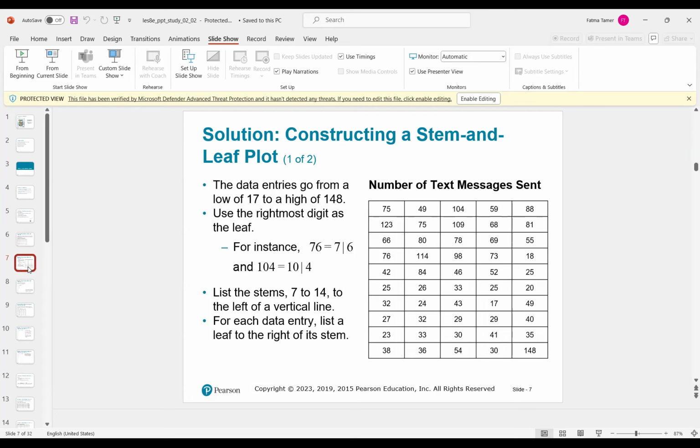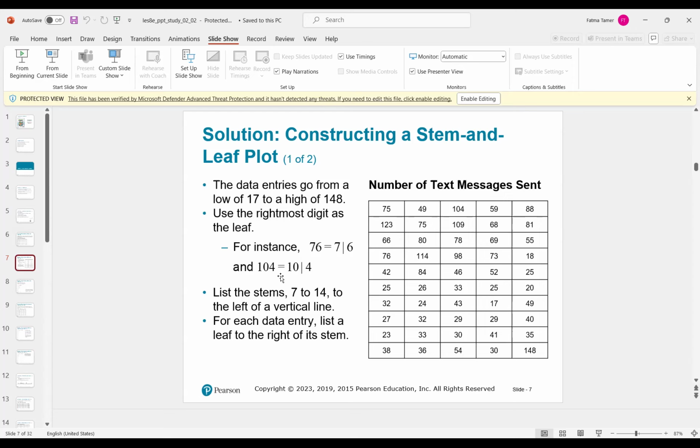Now our job is to construct a stem and leaf plot using this data set. The lowest data entry is 17 and the highest one is 148. So we're going to use the rightmost digit as the leaf. For example, for 76, 7 will be the stem and 6 will be the leaf.